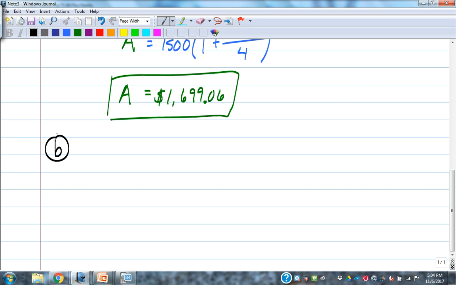Now let's take that idea and actually use our equation solving skills to figure out how long we should leave $1,500 in the bank so that we have a certain amount at the end.